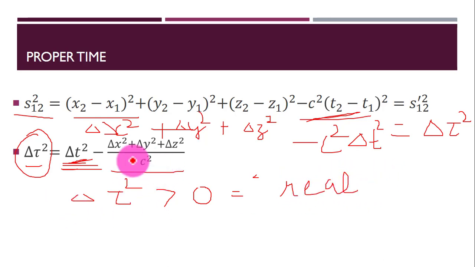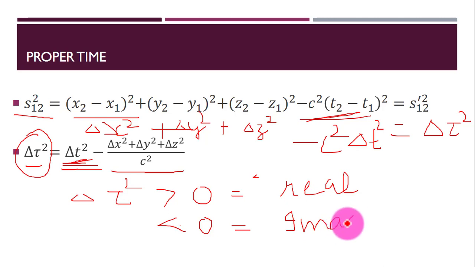And if the position term is greater than the time term, that is, the sum of the position coordinates squared is greater than the time coordinate, then delta tau square will be less than 0, a negative quantity, and it will be an imaginary quantity.